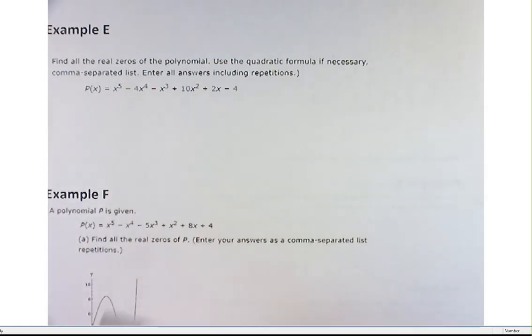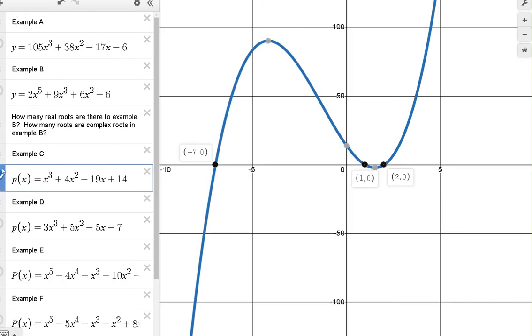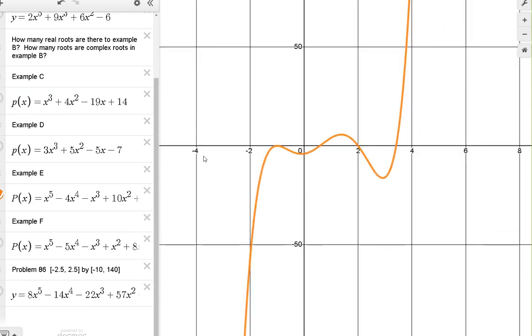Let's move down to example E. And it's always useful to take a look at the graph. Down here. Okay.